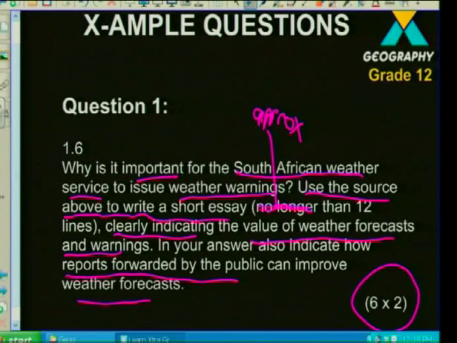So, if we look at the question here, the importance of weather forecasts and warnings, and also how people can improve the weather forecasts. Both are relating more or less to the same issue. So we don't have to go to great extents to separate them.